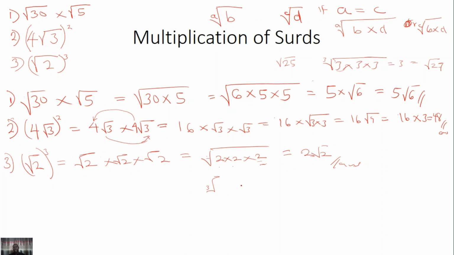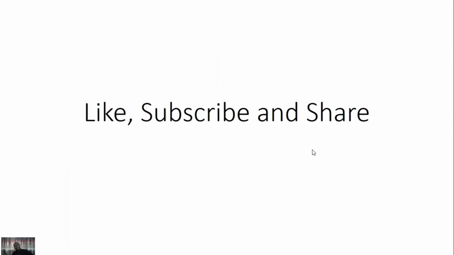Meaning that when you have cube root of 3 times 3 times 3, this will be equals to 3. Or you have cube root of 2 times 2 times 2, it will just be equals to 2. So take note of that.